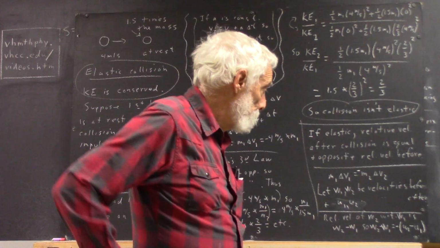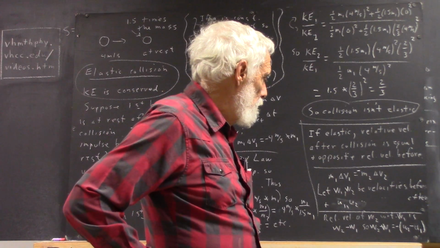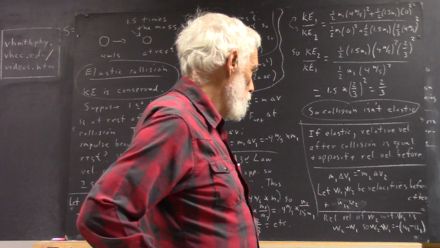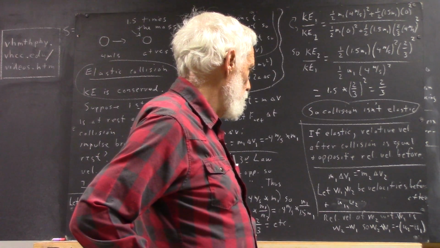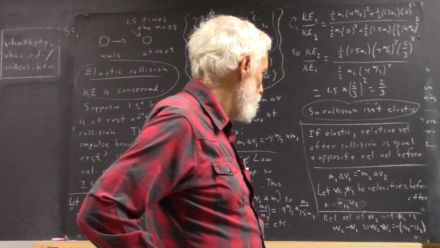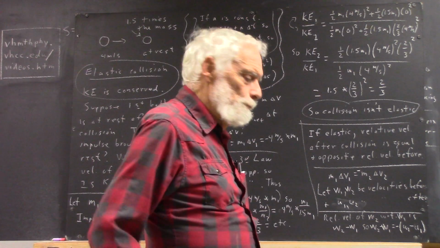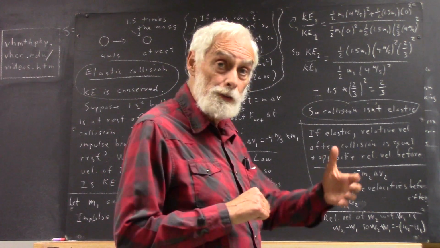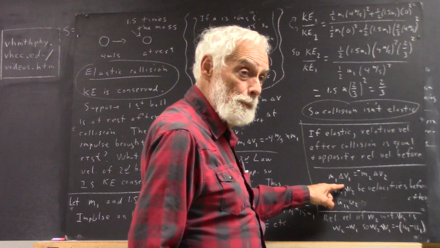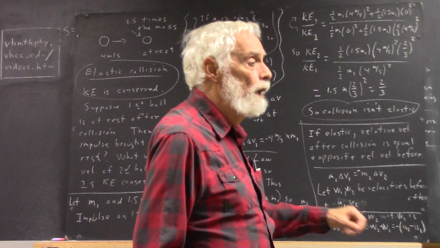Okay, well, where in the world did I write it? Okay. Well, the first thing I just wrote is, because in a collision, because of the impulse momentum, again, the change in momentum of the first object is equal and opposite to the change in momentum of the second.